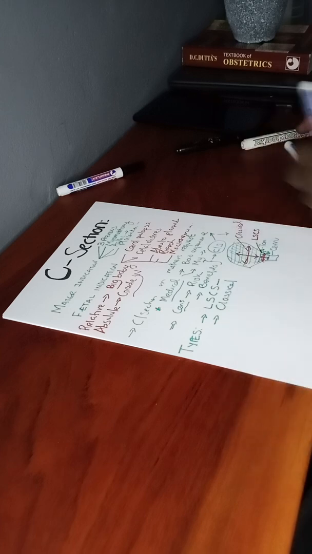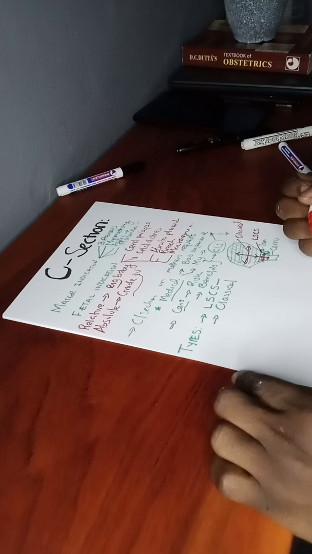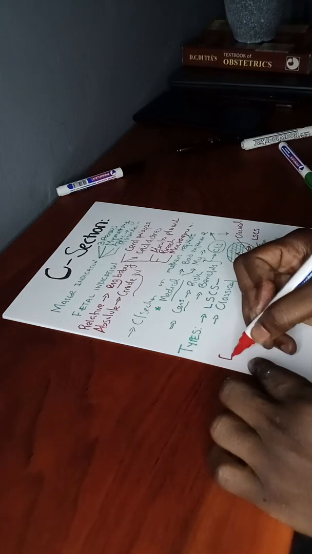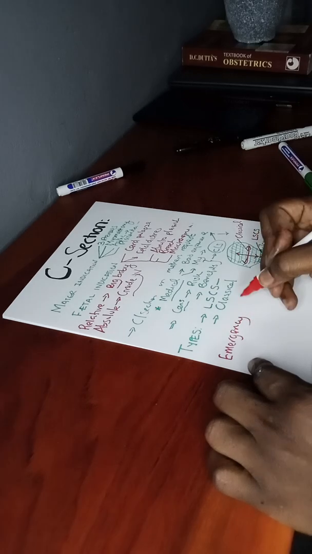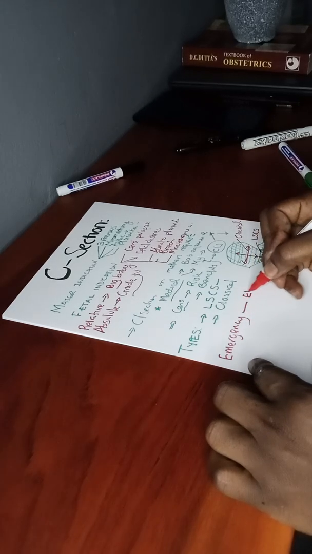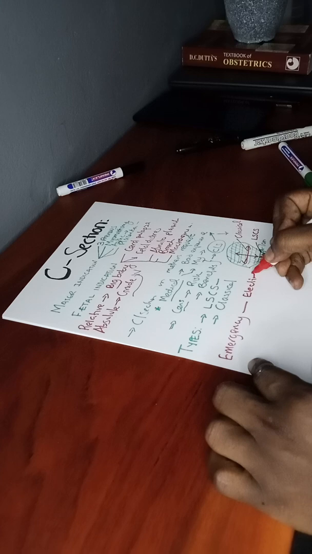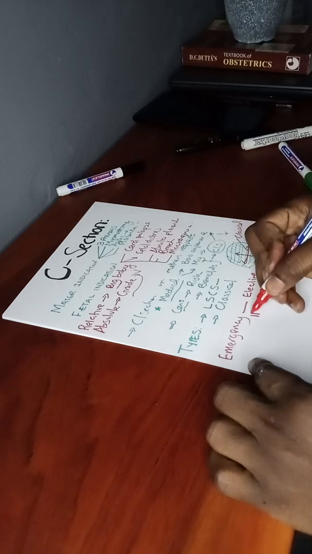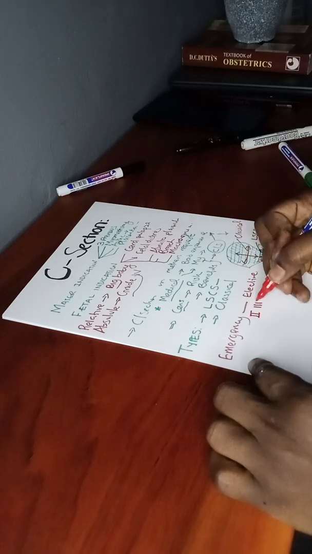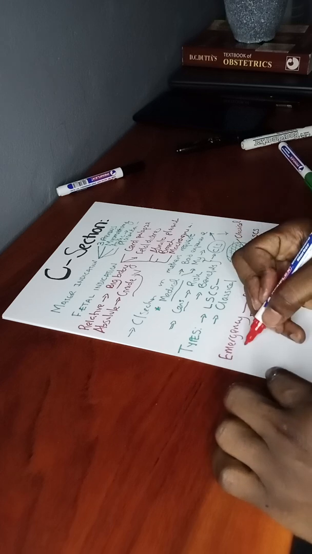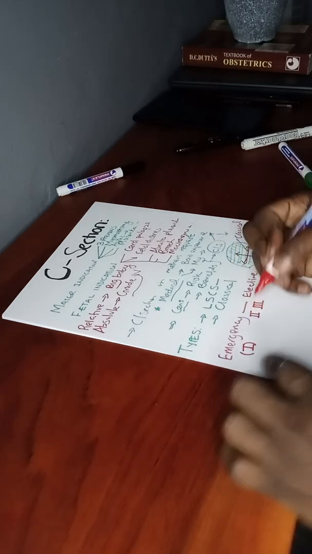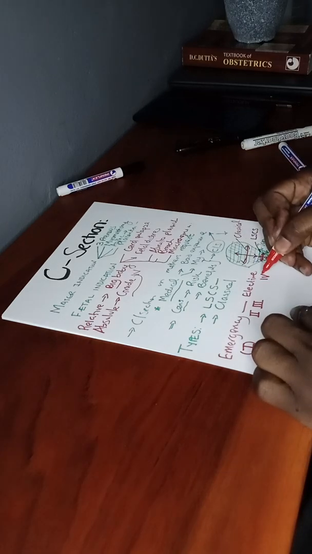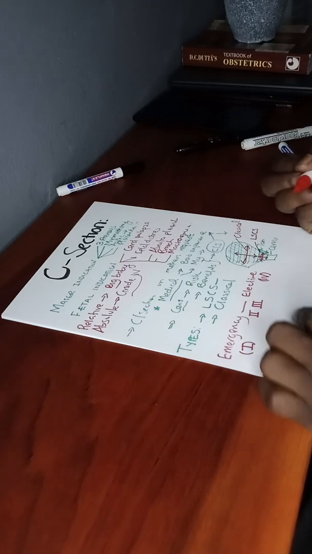The second way is classifying them as emergency or elective, and then all other cesarean sections in between. So emergency cesarean sections are called type 1 cesarean sections. Elective cesarean sections are called type 4 cesarean sections.